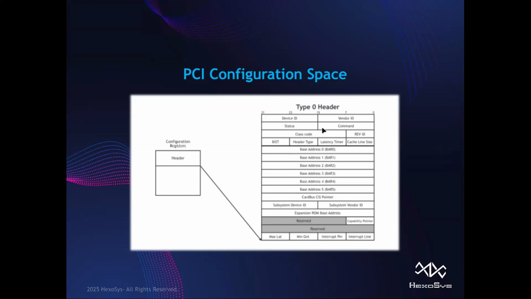Any PCI device that wants to support a PCI or PCIe connection should provide its configuration space, which is a set of registers that should be implemented in the PCI or PCIe device. Each position in that space has a meaningful value. For example, we have the vendor ID, the device ID, and the status, and also an important part of this configuration space is the BAR addresses.